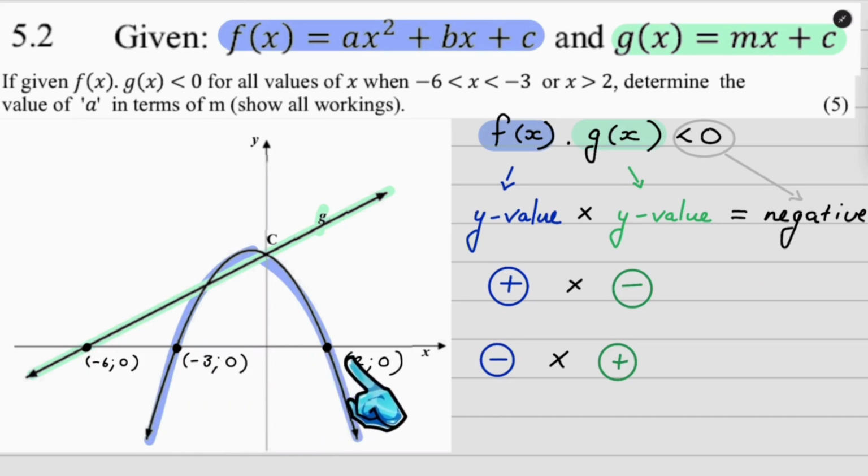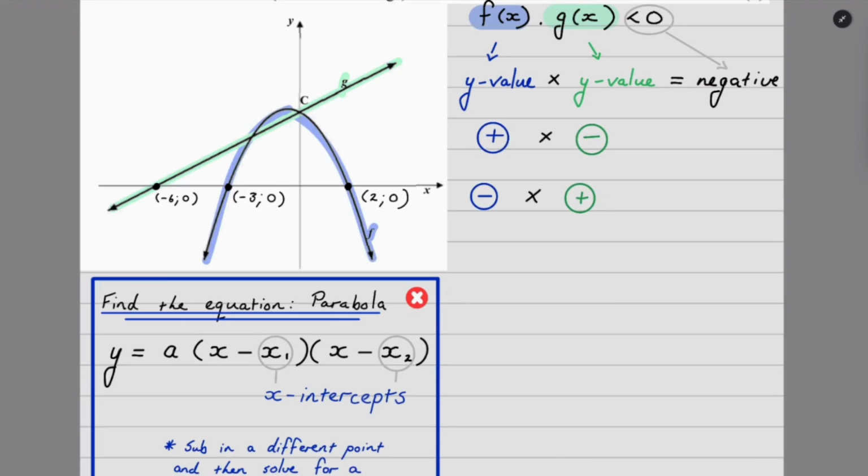With these 2 points, we can get somewhat of the equation of the parabola. Okay, and to find the equation of a parabola, we use this formula. So we've got an a on the outside of the brackets, and it's x minus x1, x minus x2, and then x1 and x2 are just placeholders for the x-intercepts. So we have the x-intercepts of the parabola, they're here.